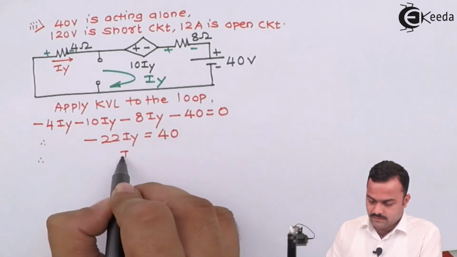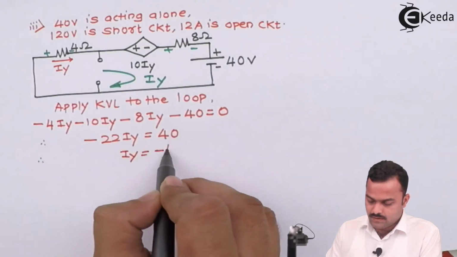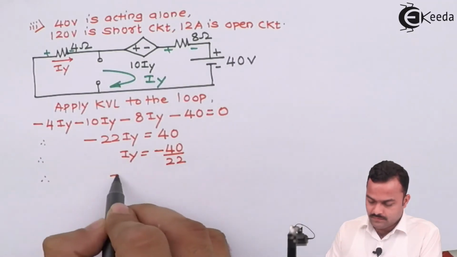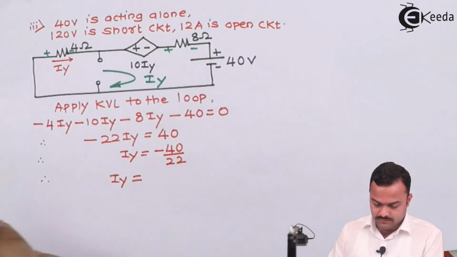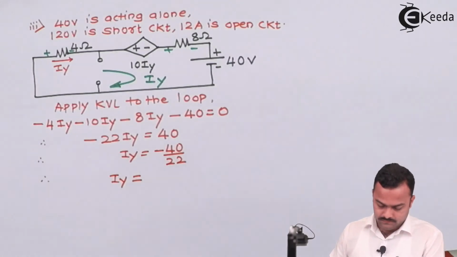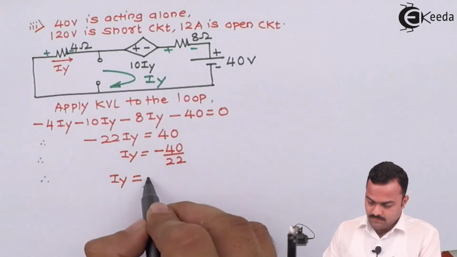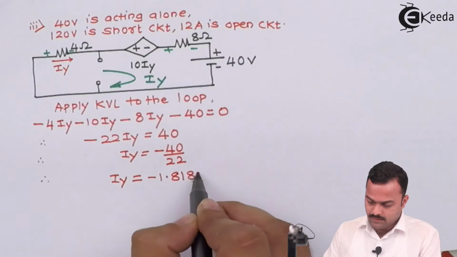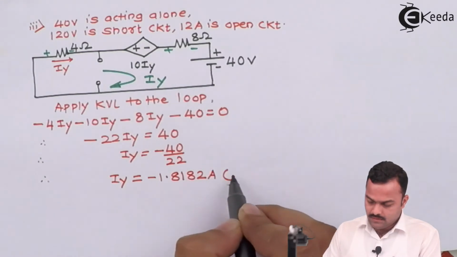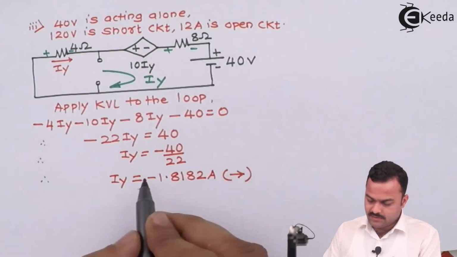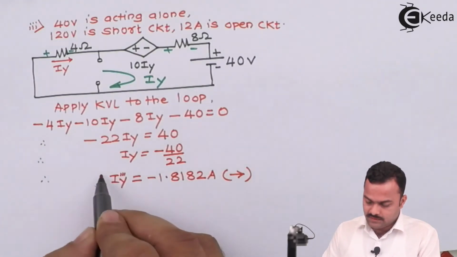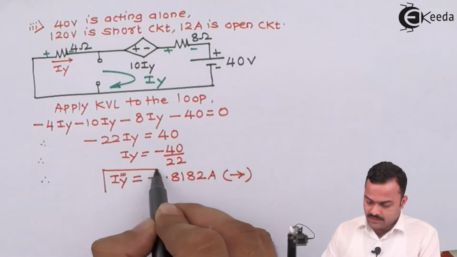So we will get IY as minus 40 by 22. So the answer for this is equal to minus 1.8182 ampere. We'll maintain the current direction the same as given, and this IY is because of the third source, so we'll consider IY triple dash.